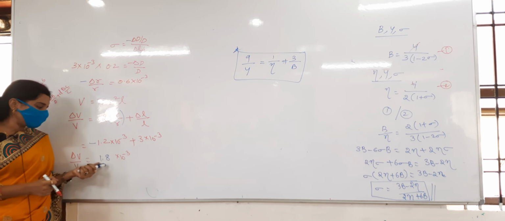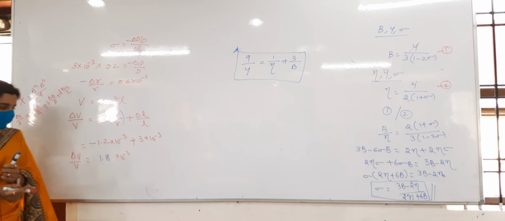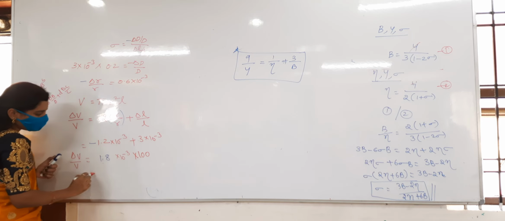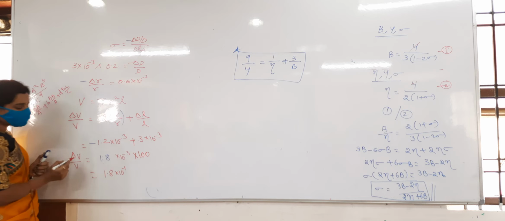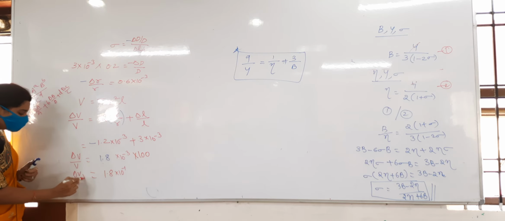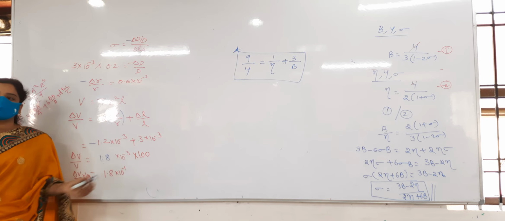From that, how much will you get as the answer? 1.8 into 10 power minus 3. And now you have to find the percentage, so what do you do? Multiply by 100. Then what will you get here? 1.8 into 10 power minus 1. That is the percentage change in volume, delta V by V into 100. Whatever delta V by V we got, you just multiply by 100 to get the percentage.